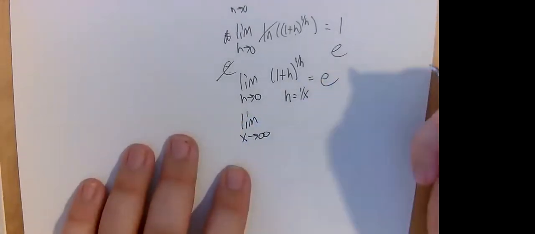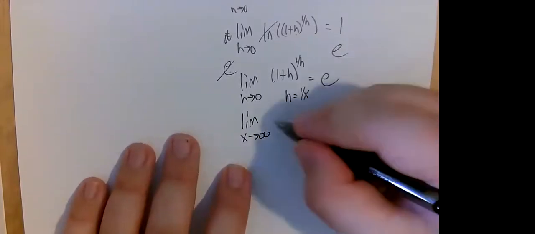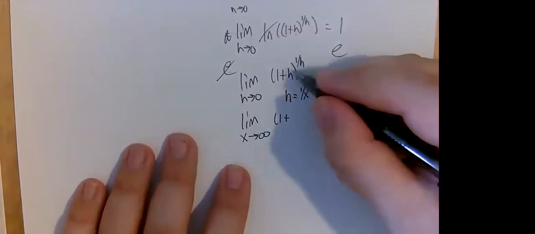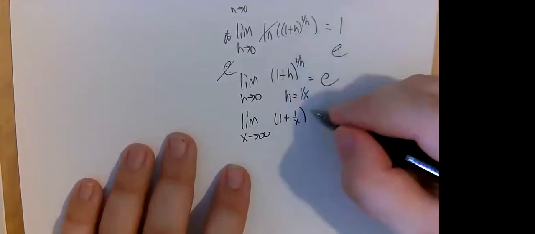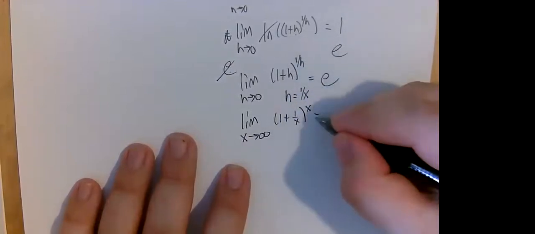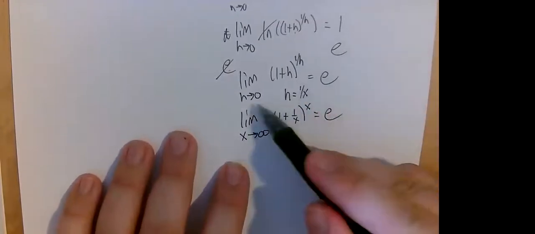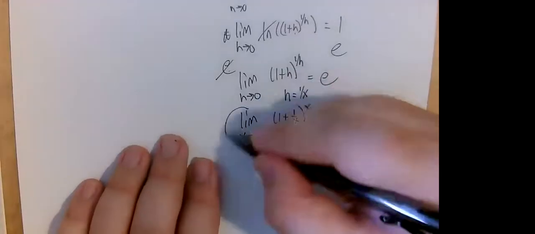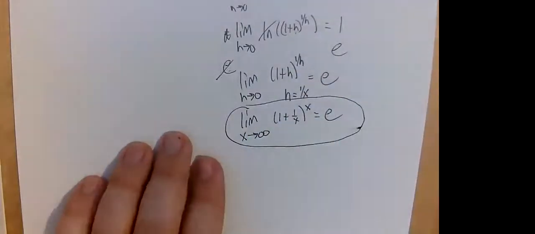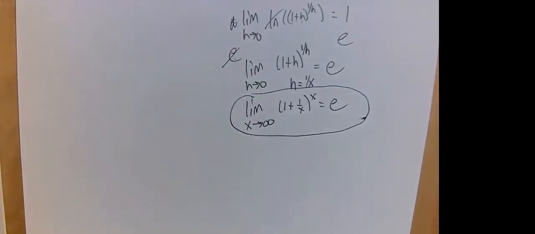So x is going to infinity, and then we have 1 plus, well, h is 1 over x, meaning that 1 over h is x. And since all I did was a substitution on the limit here, the result doesn't change. I just want to point out that this is also a very common definition for the number e. It's this specific limit: 1 plus 1 over x to the x equals e.